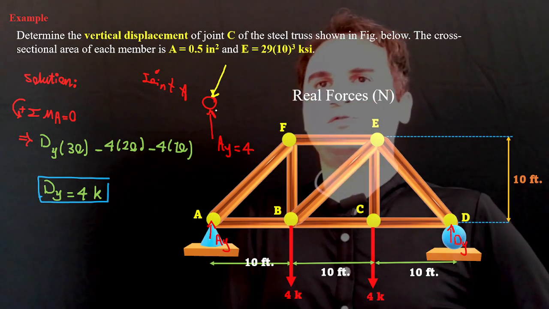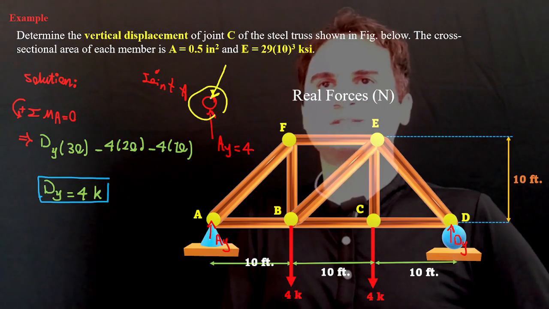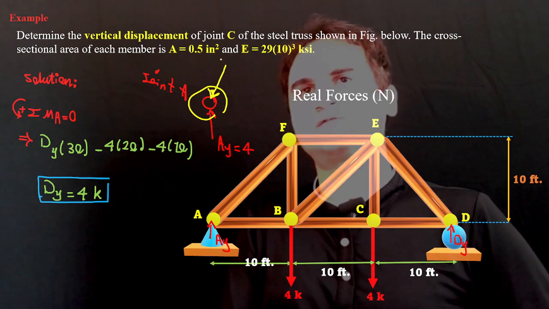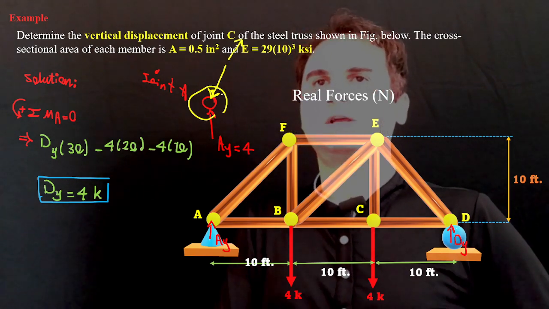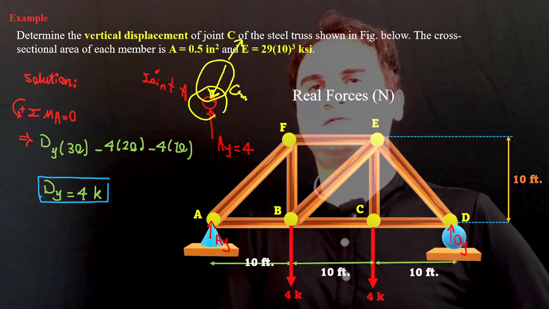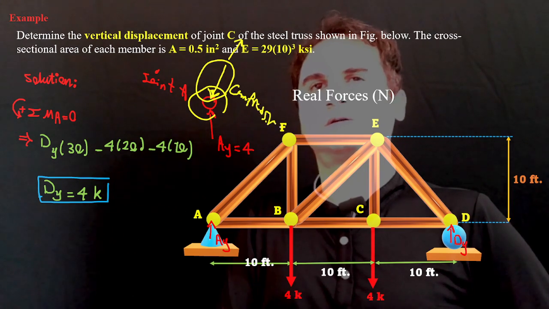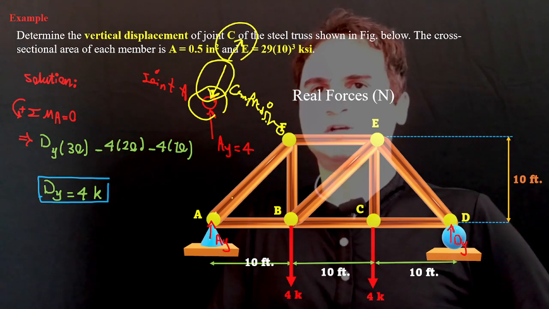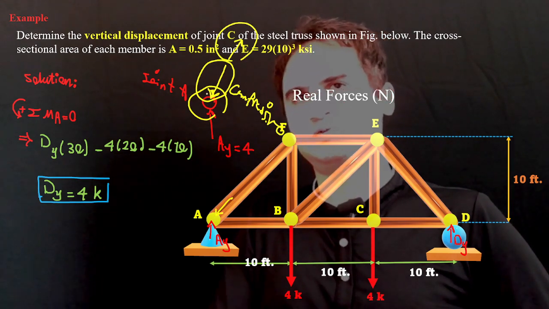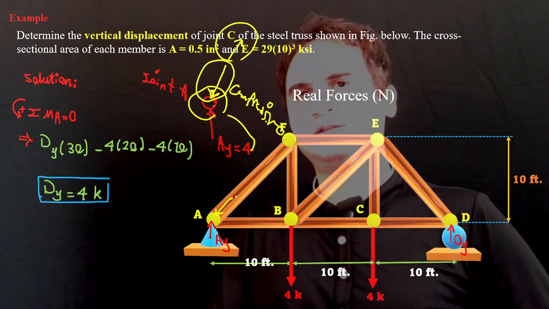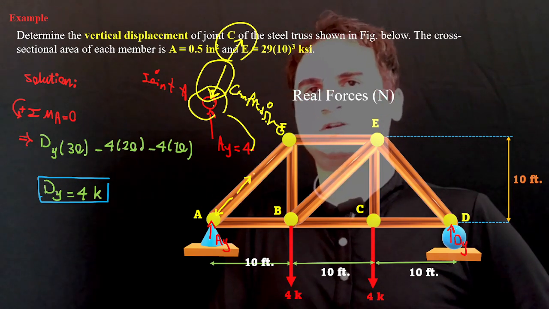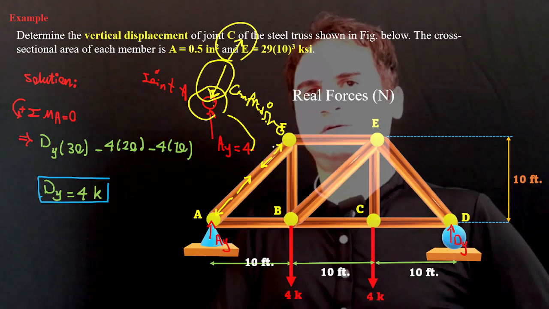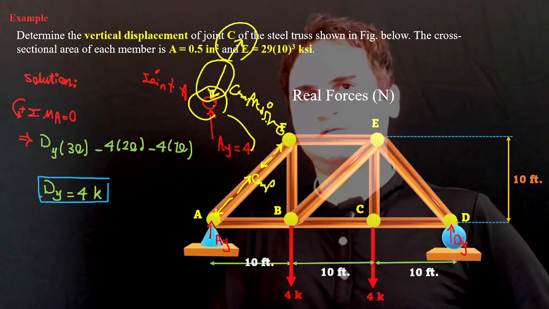Whenever you're looking at a joint, the same force applied to the joint should be applied to the member as well in the other direction. So if this force is a compressive force applied to the joint, there is also a compression in the member. So this is a compressive member.